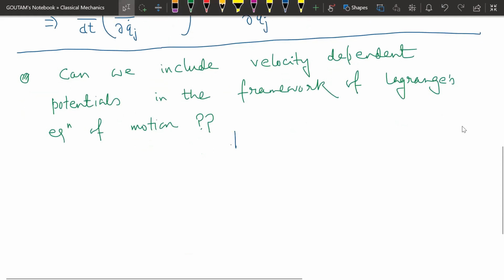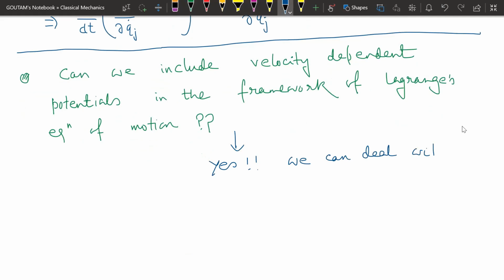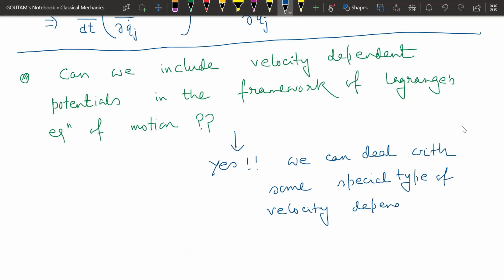It turns out that yes, we can deal with a special type of velocity dependent potential.